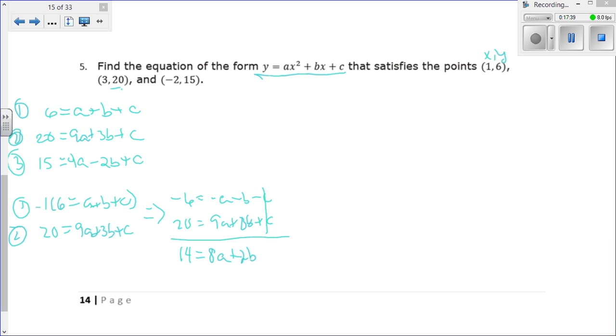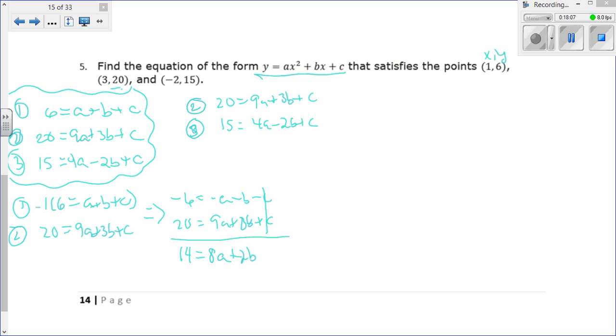Next, I'm going to work with equations 2 and 3. So for 2, it's 20 equals 9a plus 3b plus c, and 3 is 15 equals 4a minus 2b plus c. Again, multiply by -1.